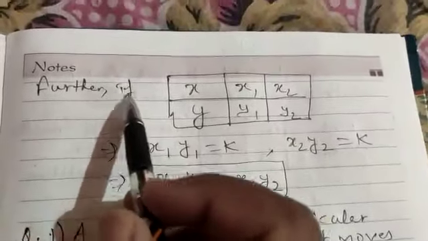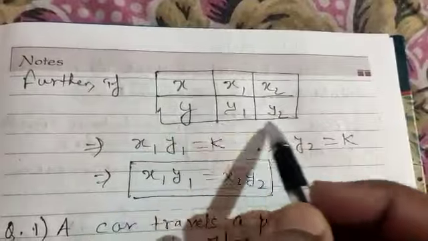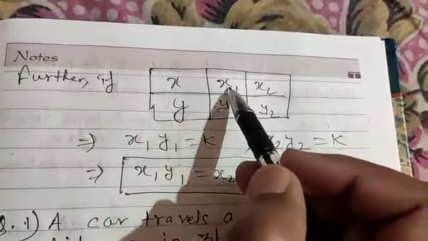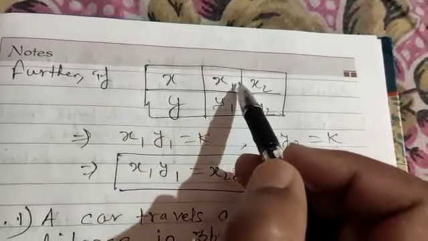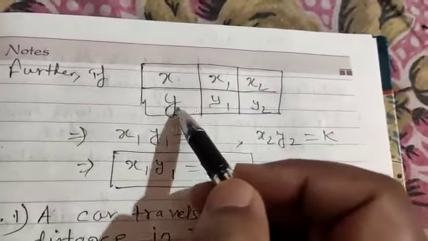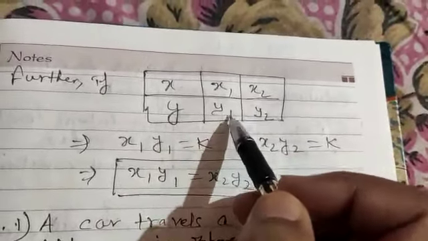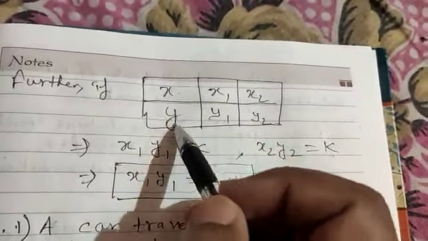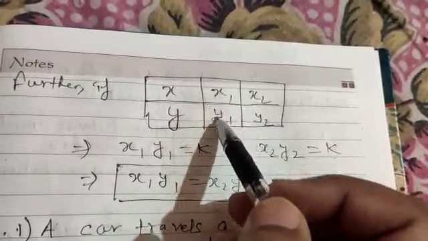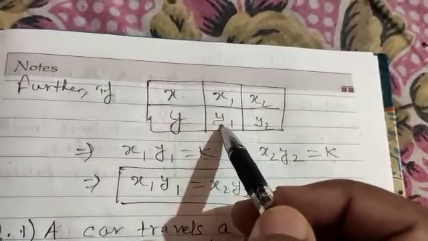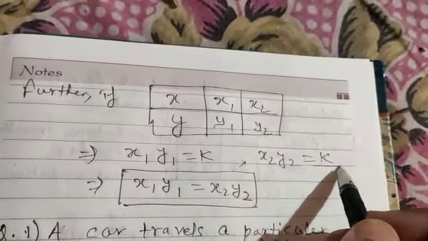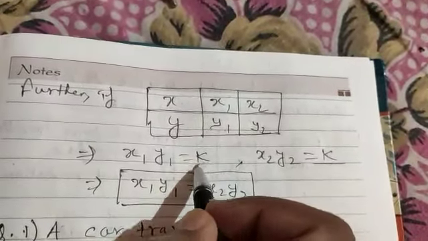And from the same formula we can say that if x and y are two quantities, and for x we have taken two values x1 and x2, and for y, y1 and y2, then we have seen that if x and y are in inverse variation, the product of x1 and y1 and the product of x2 and y2 will give the same value.